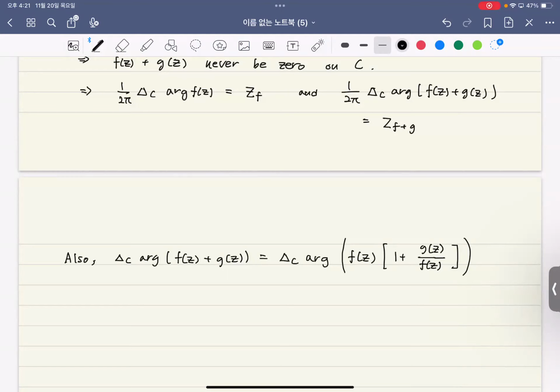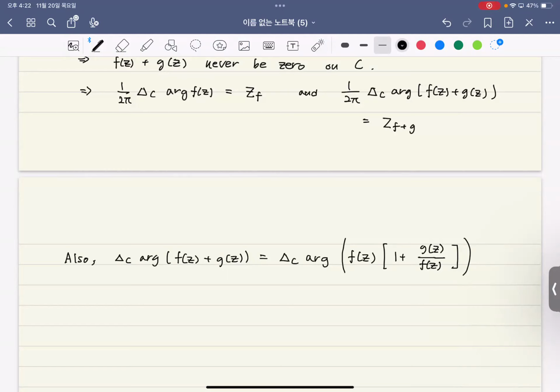Say that f of z equals rho 1 e to the i phi 1 of t, and similarly for g. Suppose these two functions never equal 0 on this curve C; then, because of this condition, we can easily write them in polar form. The winding number is not affected by the modulus, only by the argument.